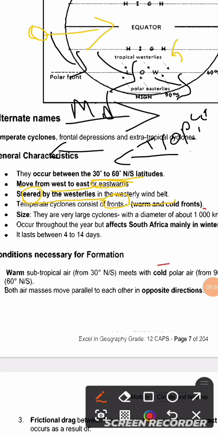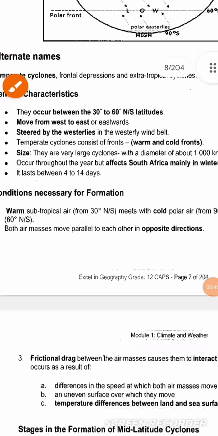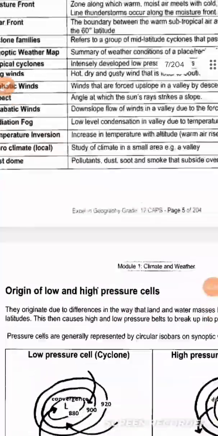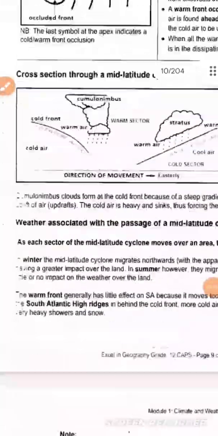Yeah, you must also give this reason, because let's say this is a synoptic weather map. Let me take an example from this.